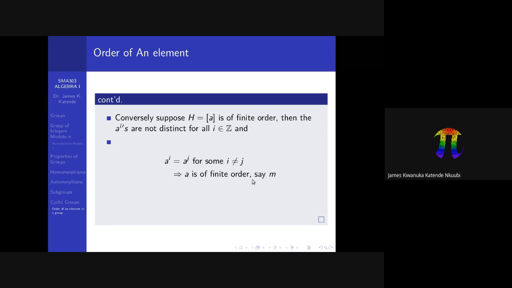For this reason, we can show that A is of finite order. Why is A of finite order? Because now A raised to J minus I will be equal to the identity. We'll find an integer such that A raised to that integer is equal to the identity. So we confirm here that this tells us A must be of finite order. So we fix this order to be equal to M. Since it's finite, you can fix a value.